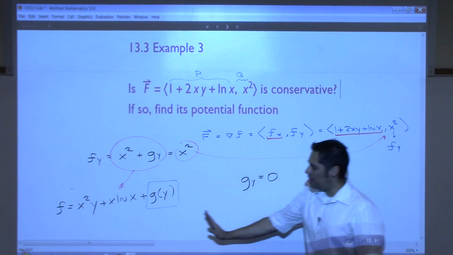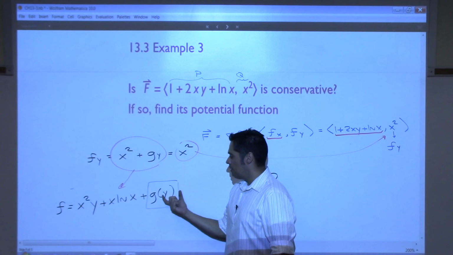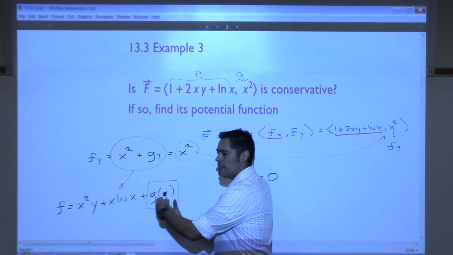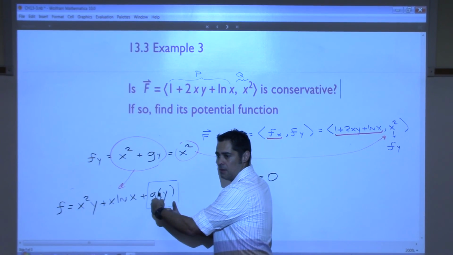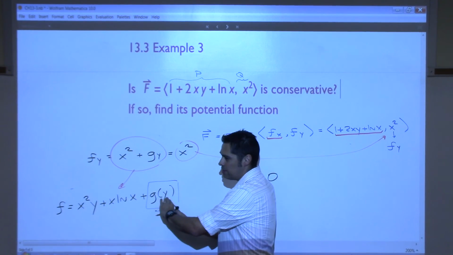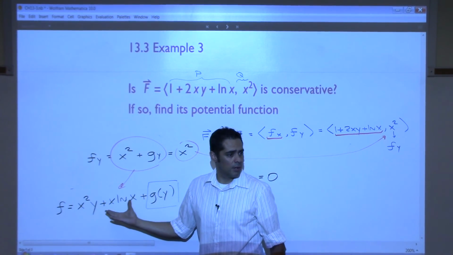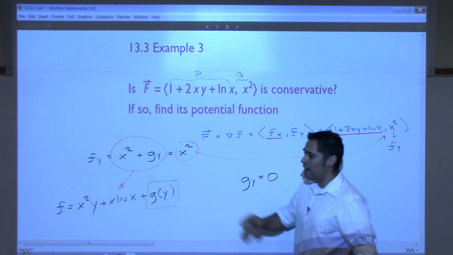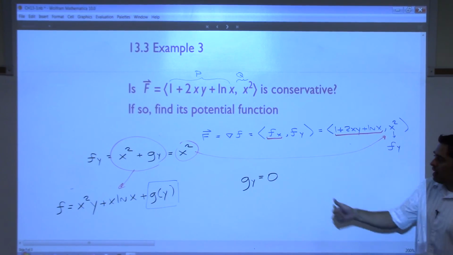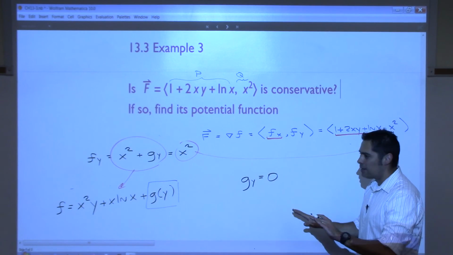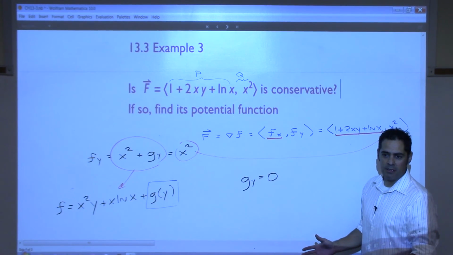No. Because we said when we were going back here that the worst case scenario is that this has y's in it, or a constant, but no x's. Because if it had x's in it, then that would have contributed to our derivative earlier. So I know for sure that it doesn't have x's. So when I integrate this, the only thing it could possibly be would be a constant.